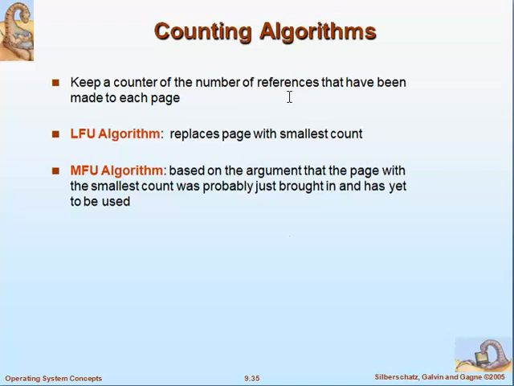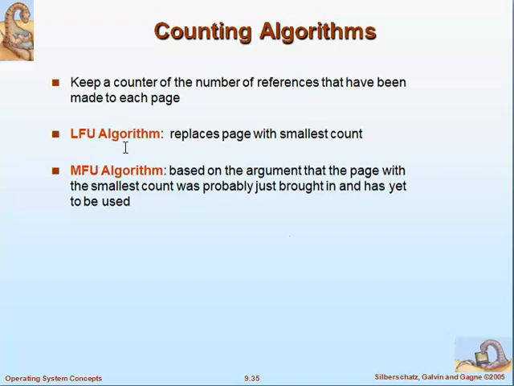That number will be stored in a counter, and that counter is used by the algorithm to select the victim page for replacement. For example, we can use the LFU algorithm, least frequently used, or MFU, most frequently used.